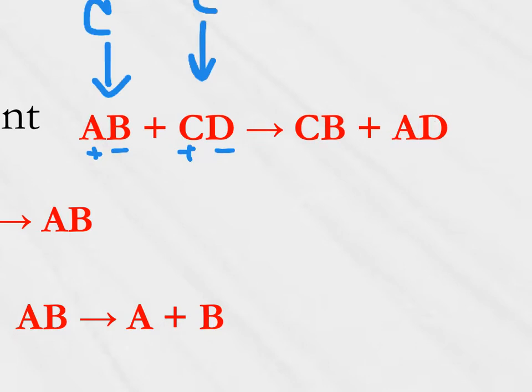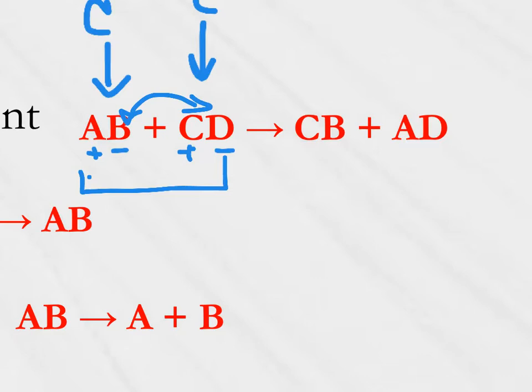What we've done is we've taken A and put it with D, and then we have C and B. This is kind of like foiling in algebra: first, outside, inside, last. You put the outside ones together and then the inside ones together.